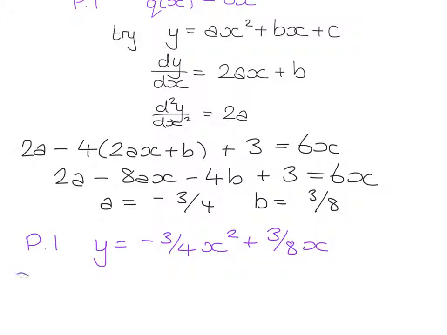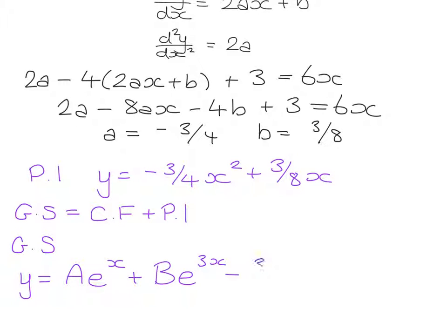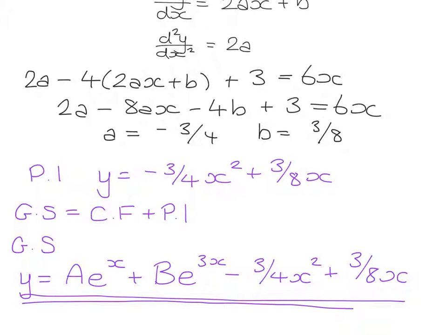And as we know that the general solution for this non-homogeneous ODE is the sum of the complementary function and the particular integral, we get that the general solution is y equals a times e to the power of x plus b times e to the power of 3x minus 3/4 times x squared plus 3/8 times x, where a and b are arbitrary constants.